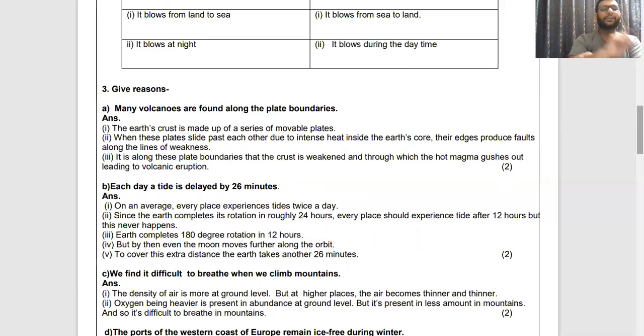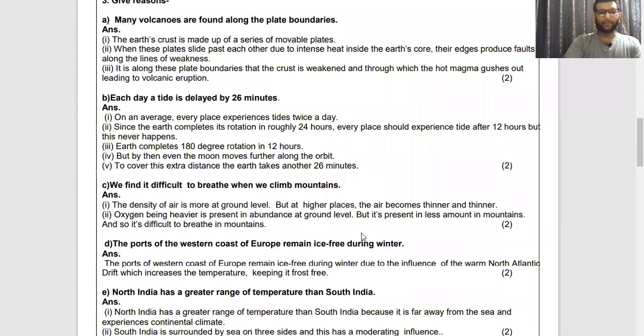The Earth completes its 180-degree rotation in 12 hours, but by then the moon has moved further along its orbit, so there is a delay to cover that extra distance before the Earth and the moon come to the same position, which takes approximately 26 minutes. For that reason, there is a delay of 26 minutes. Very important, these numbers play a very important role. Please be specific and ensure that you cover all of them in the answer. Let's come to the next one.